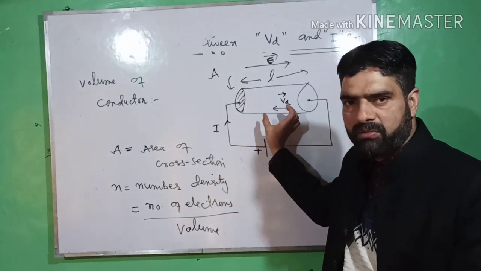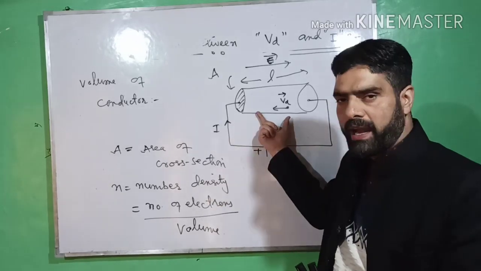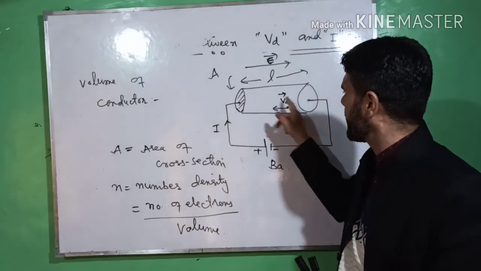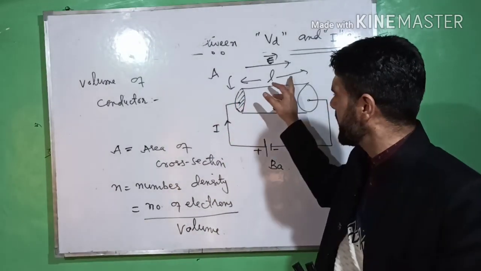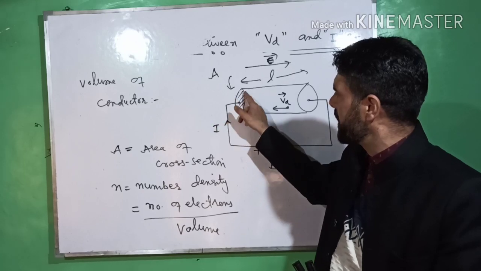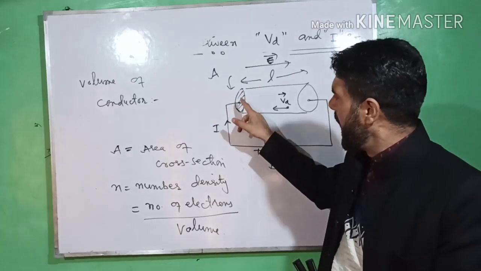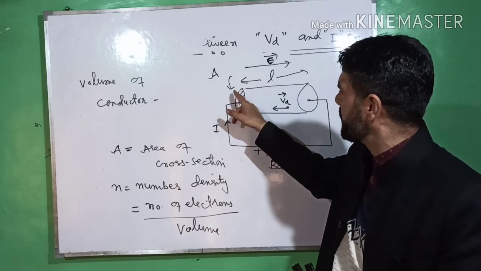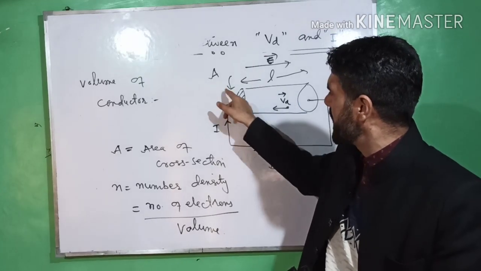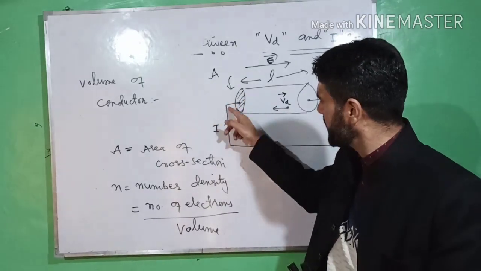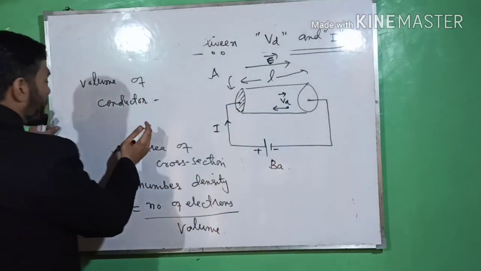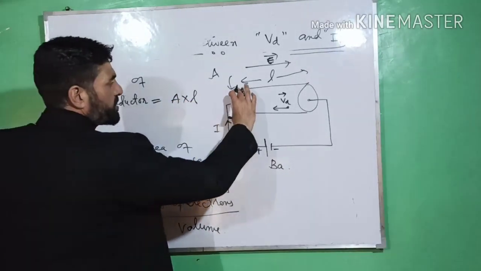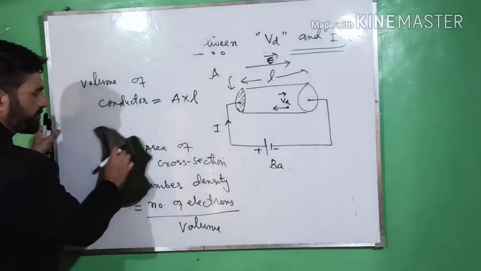This conductor is in the form of a cylinder, so the volume of a cylinder is equal to area of cross section into length, pi r square L, where A is equal to pi r square because it is circular in shape, in the form of a disc. So the volume of the conductor is A into L, where A is the area of cross section and L is the length of the conductor.